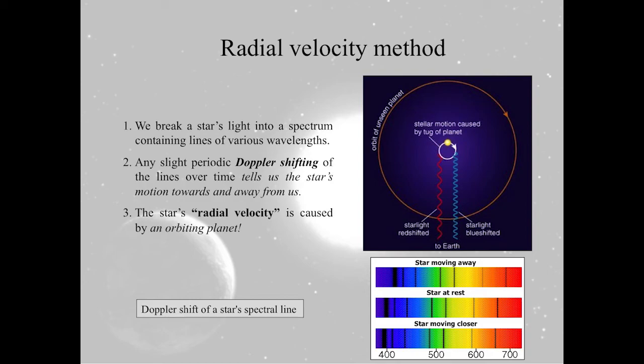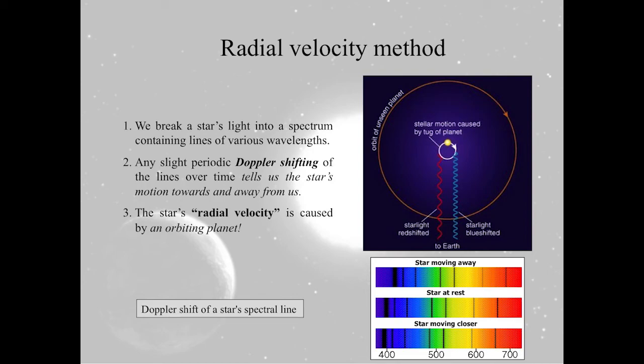Well, here you see an example. We take the light from the star and we break it into a rainbow, or a spectrum we call it, down here. And in that spectrum we're going to see certain lines. In this case, you notice there's some dark lines shown. These lines are indicative of various elements in the star, and that's another interesting field. But what we're going to do here instead is we're going to use those lines to see the star's motion.